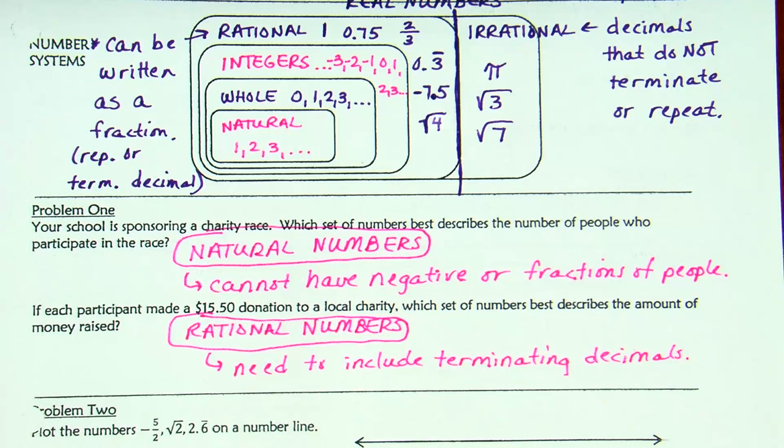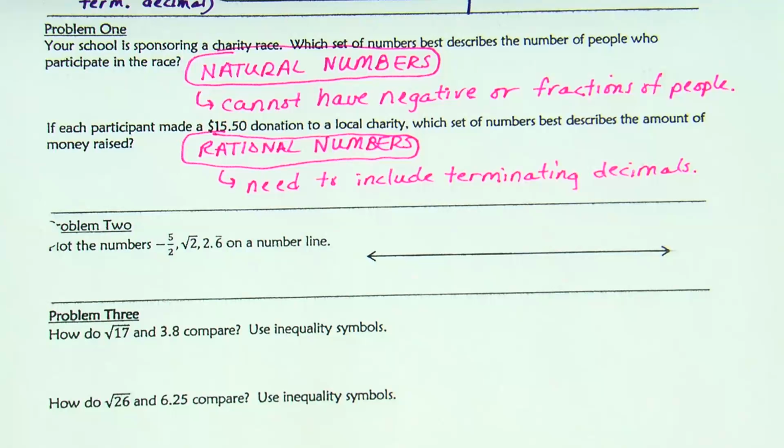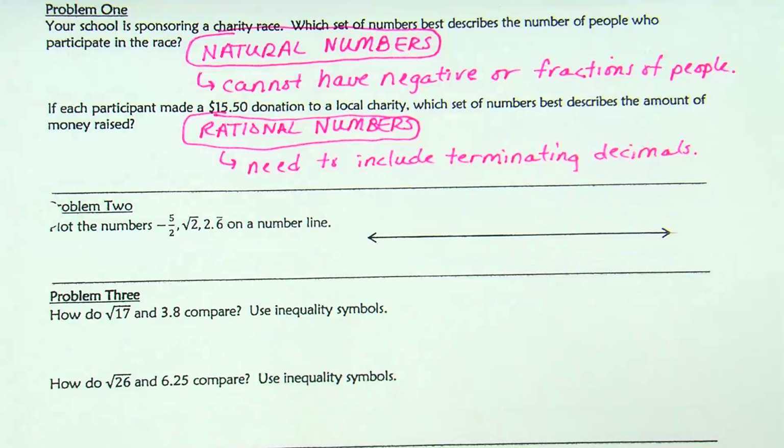Okay. Moving along. Example 2. Example 2 says, plot the numbers -5 halves, square root of 2, 2.6 repeating on a number line. Okay, so, first of all, I'm going to label my number line.